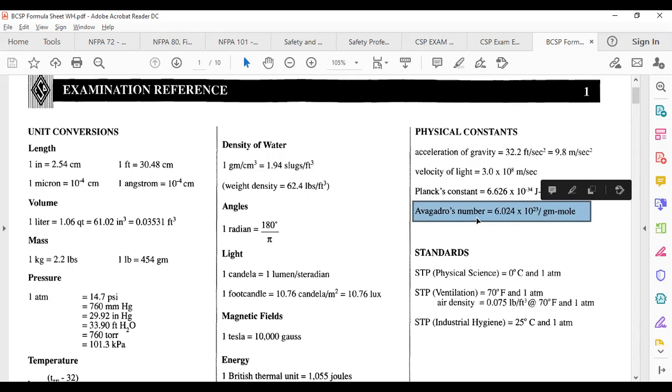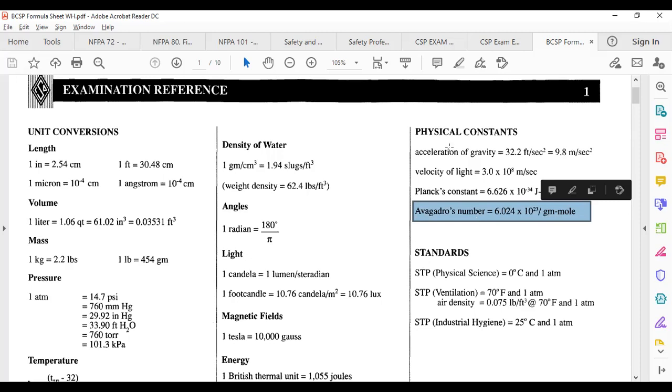The unit is molecule per mole, not gram per mole.